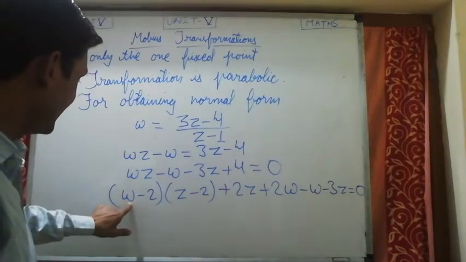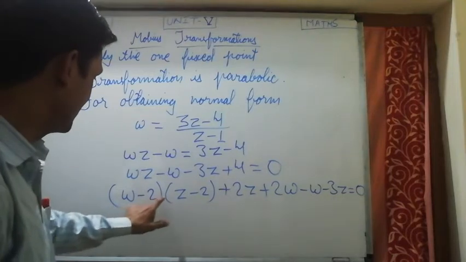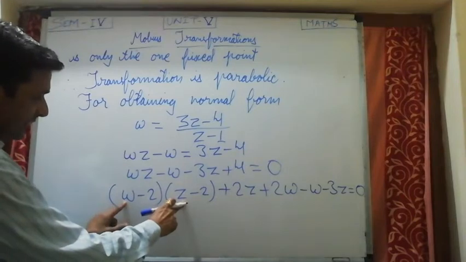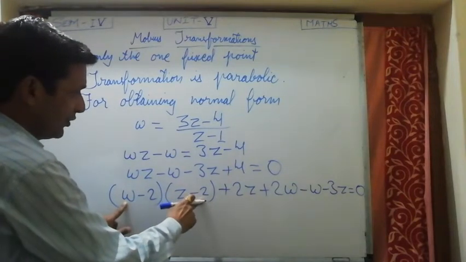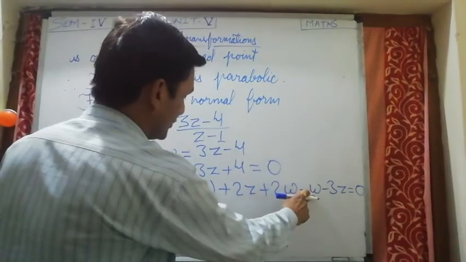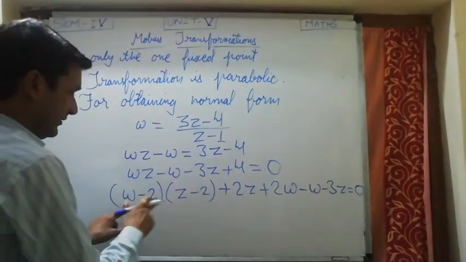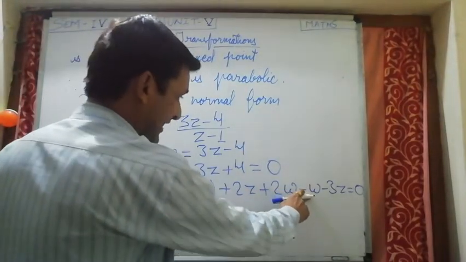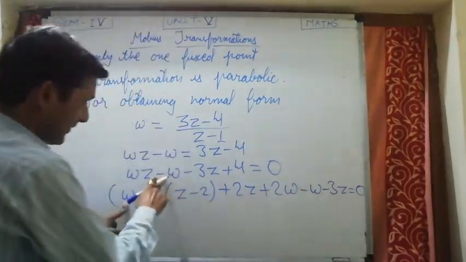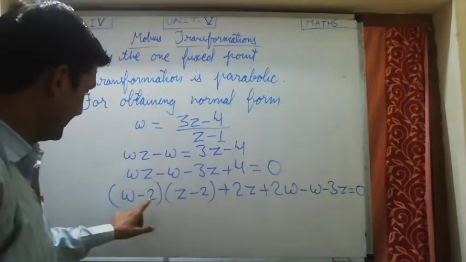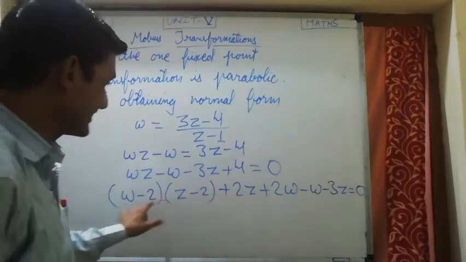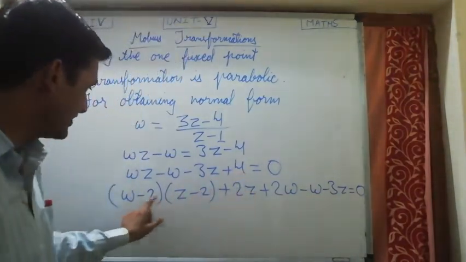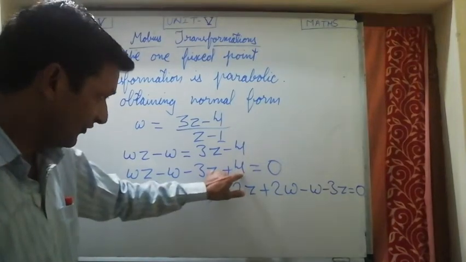Because if we are writing here (w - 2) and (z - 2), it will be wz, then w into -2, that is -2w, and -2w and -w, that is -3w plus 2w, so it is -w here, and -2z plus 2z is cancelled, so -3z, which is here only, and minus into minus is plus 2 into 2, that is 4, which is here only.